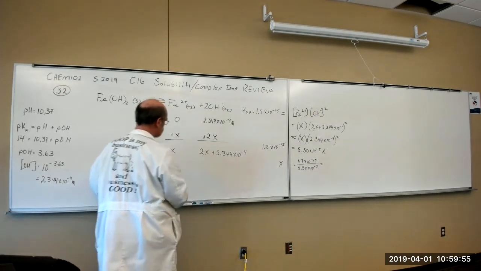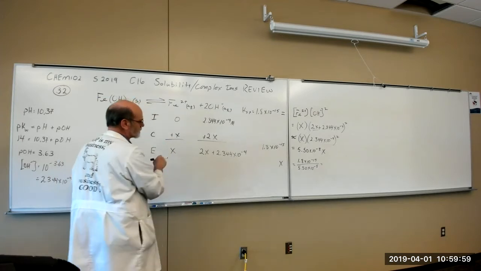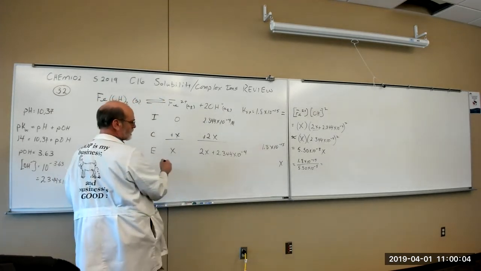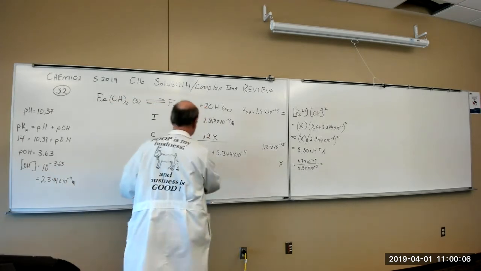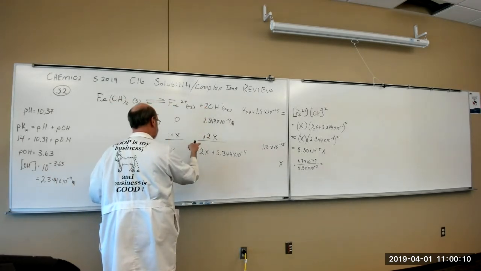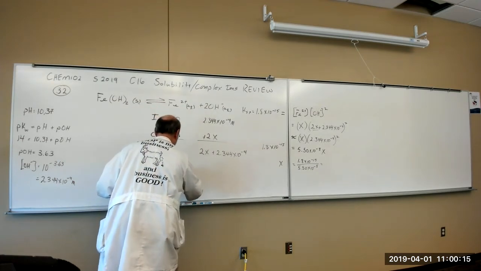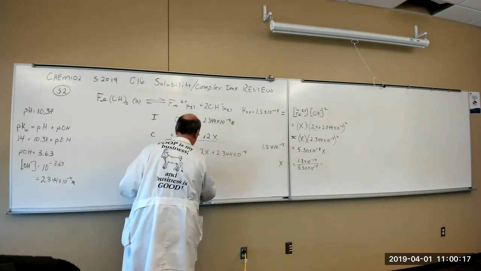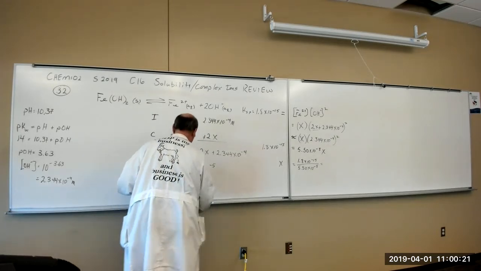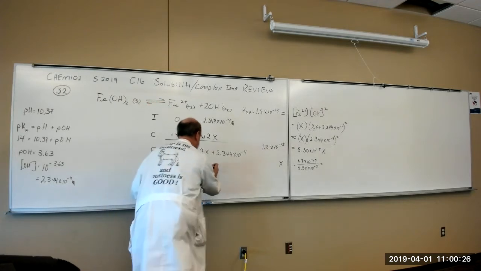So actually what we should do is say, what's the solubility in water, right? The solubility would be x times 2x squared, which would be 4x to the third, equal to 1.8 times 10 to the minus 15, and x equals 1.815.